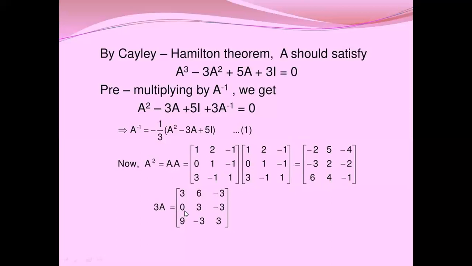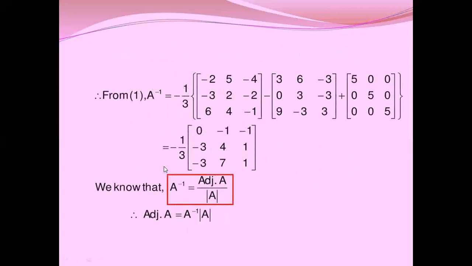What is 3A? 3A equals 3 multiplied into the A matrix. We get 3, 6, minus 3, 0, 3, minus 3, 9, minus 3, 3. This is what we get as 3A.